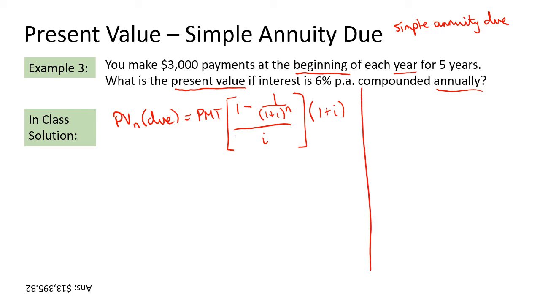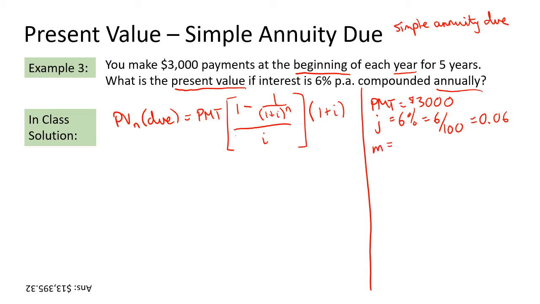Okay? So just like we did on the future value questions, what items do we know? So we know our payment is provided. It's $3,000. Our nominal interest rate, J, is 6%, which is 6 divided by 100, removing the percentage sign, or 0.06.